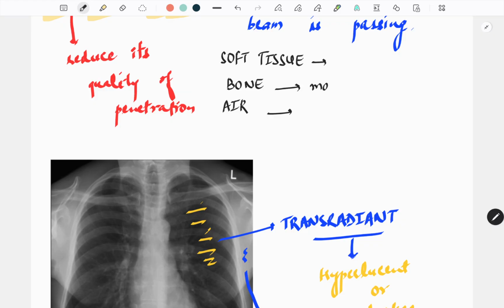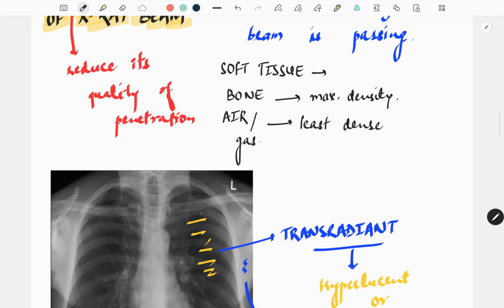Bone is the densest here and air is least dense here, or we can say gas.